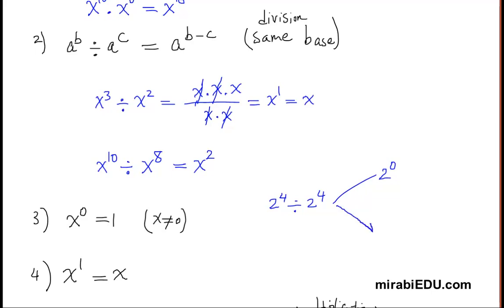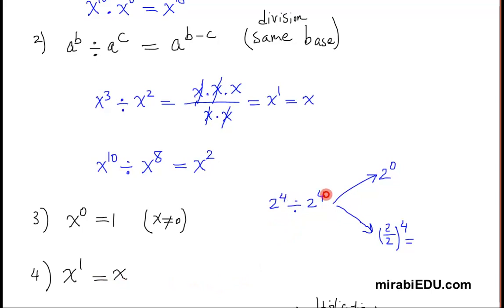Another way of doing this division is taking the same power and dividing the bases. So 2 divided by 2 to the 4th power. We're going to read this rule in the upcoming rules.